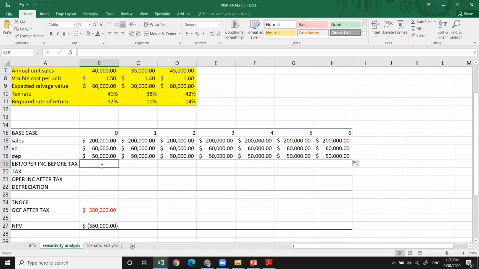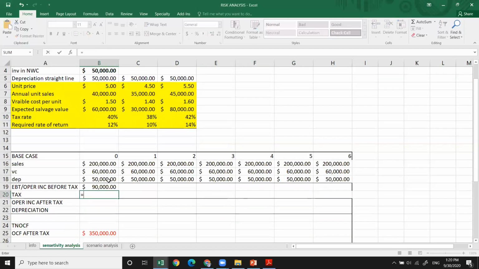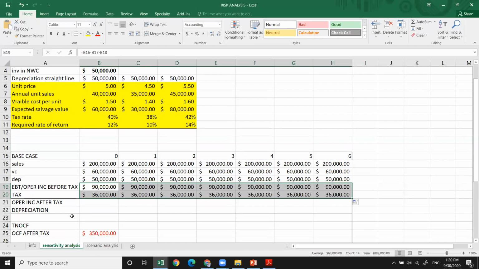And now we can calculate earnings before tax, which is this minus this minus this. The tax rate is given here, which is 40%. So 0.40 times the amount, and we get the operating income after tax.